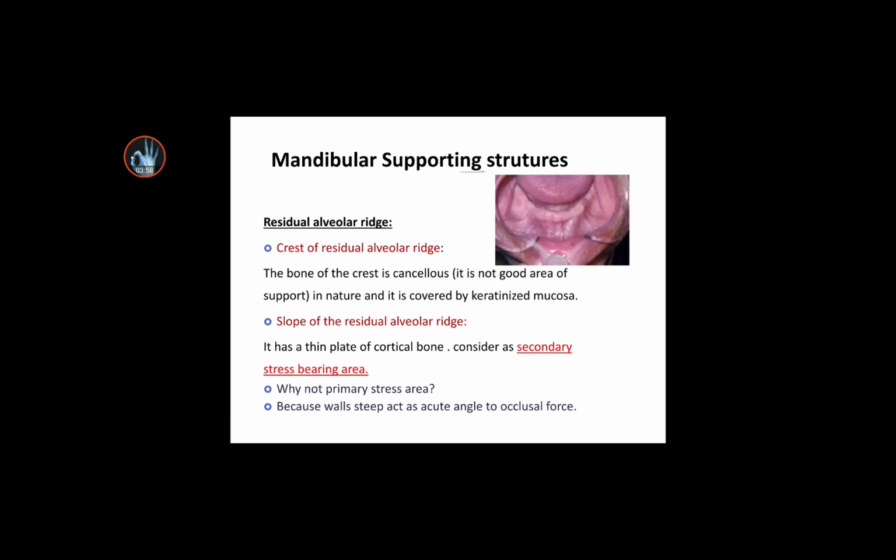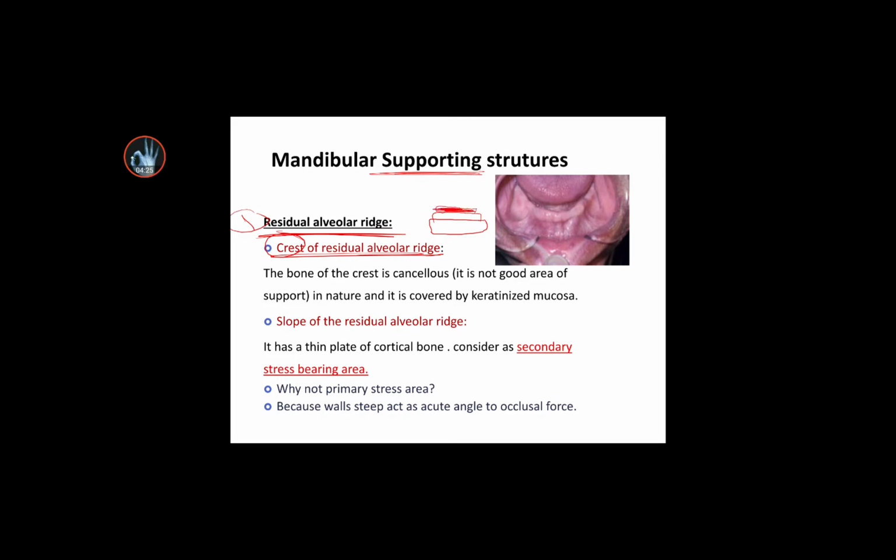So the mandibular supporting structure, first we talked about the residual alveolar ridge, the crest of the alveolar ridge, which means, let's say this is the mandible, and this is the alveolar ridge or the residual alveolar ridge, and the crest of the residual alveolar ridge is a prominent, kind of sharp area of this surface.